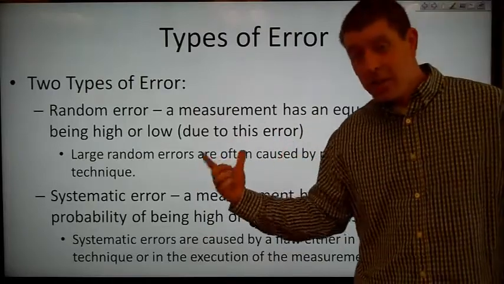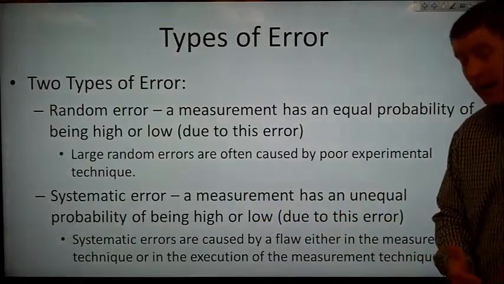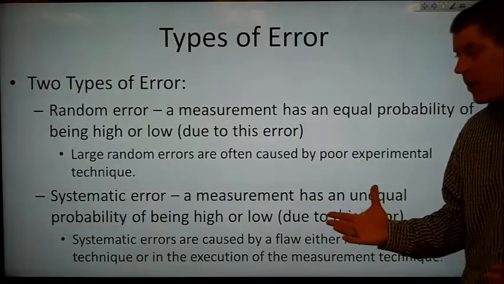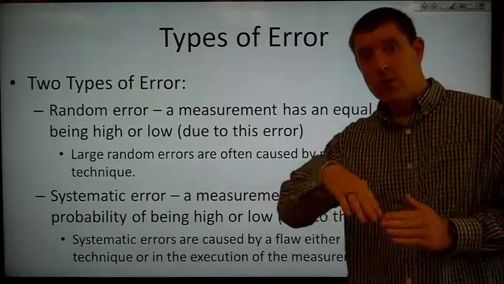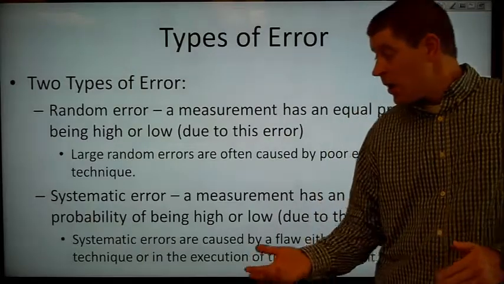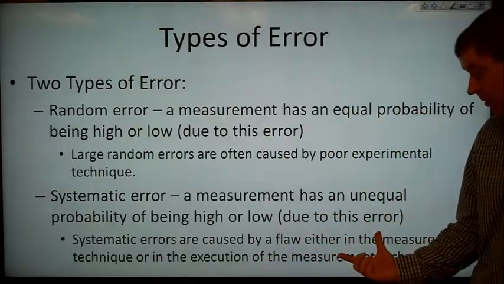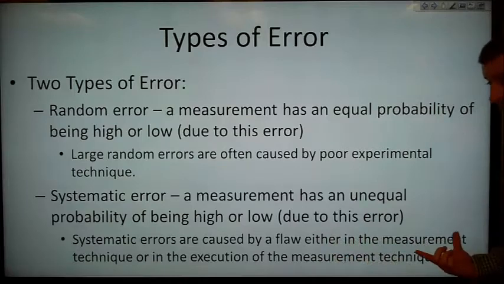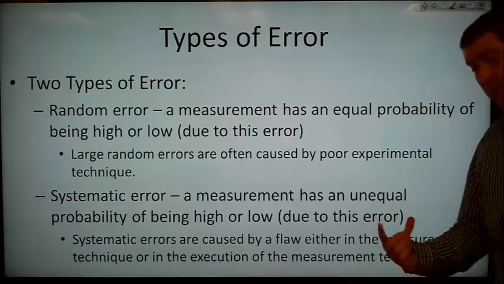On the other hand, a systematic error is a measurement that has an unequal probability of being too high or too low due to this error. So that means that it's more likely to be too high or more likely to be too low. And so systematic errors are generally caused by a flaw either in the measurement technique or in the execution of the measurement technique.